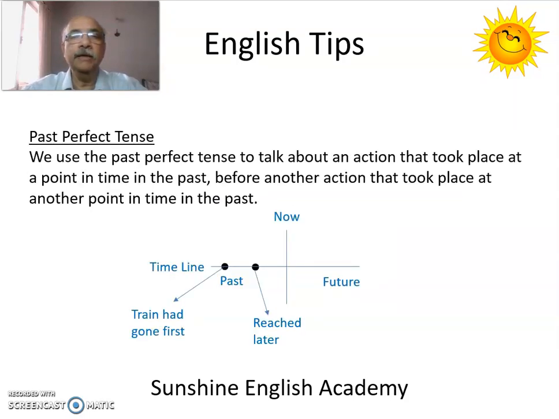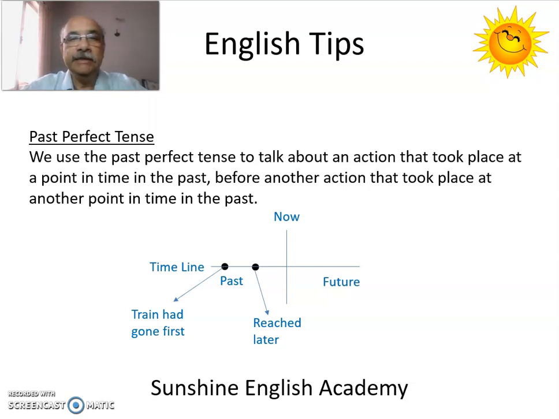So, when and how do we use the past perfect tense? We use the past perfect tense to talk about an action that took place at a point in time in the past, before another action that took place at another point in time in the past.